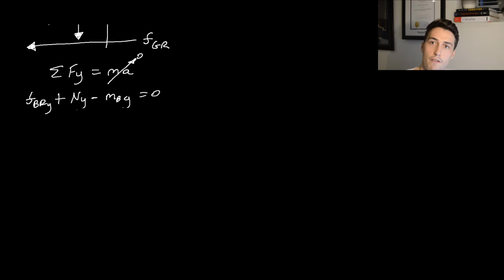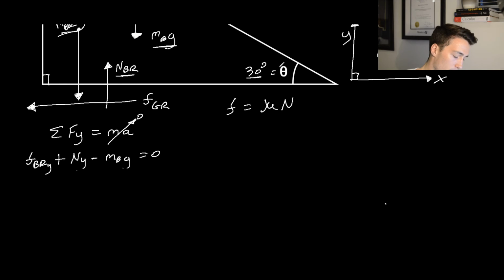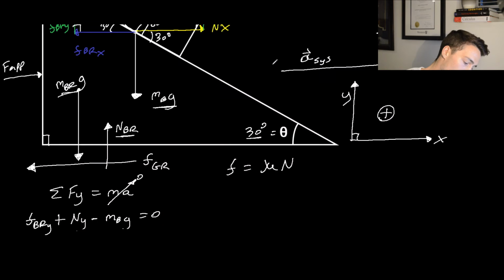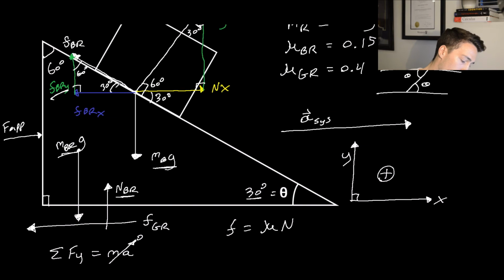It should be noted that the force of friction is equal to the coefficient of friction multiplied by the normal force. And we're also going to have a y component here. The force of friction in the y direction is going to be sine of 30, because we're looking for the y direction, so it's opposite from that 30 degree angle.